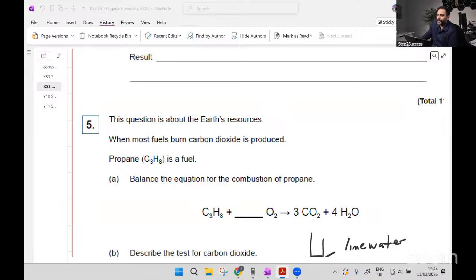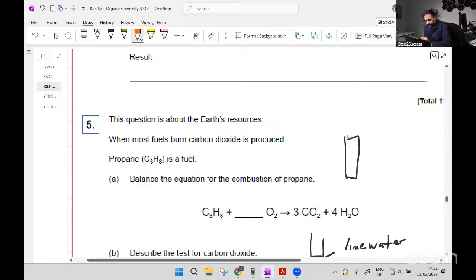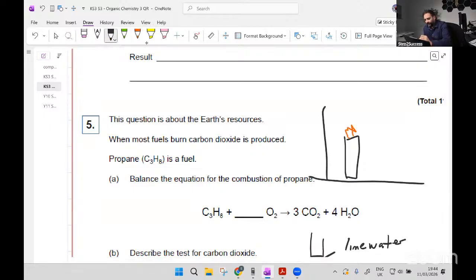Whilst I know what you mean, which is that if you put a beaker on a candle, well, okay, no, you can't. I'll tell you why you can't. Because if you have a candle, here's my illustration of a candle, and you put a beaker on top of it.